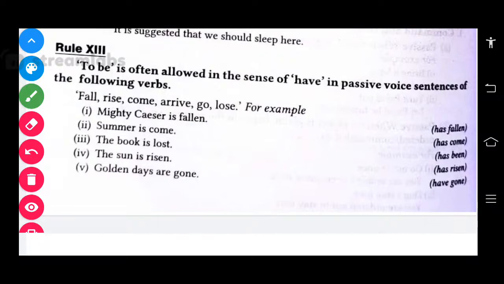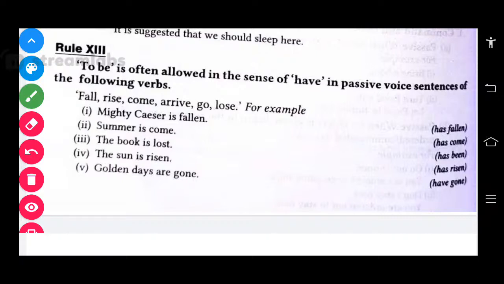Anshita, have you learned all the 12 rules? You people are listening but not responding. So don't be a passive listener. Be an active listener.